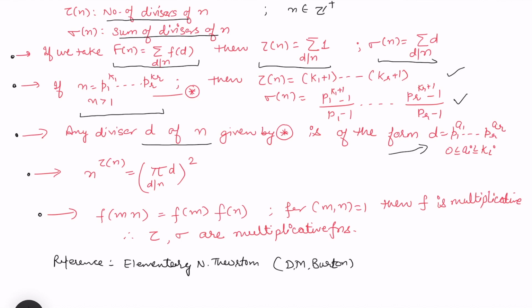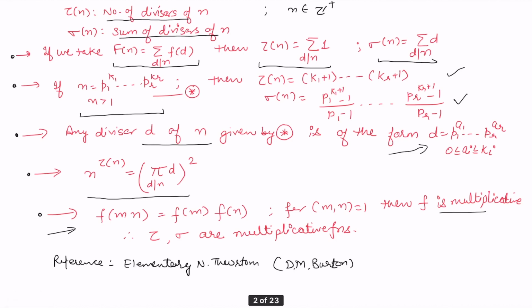The second last result says that n raised to the power tau n is the square of the product of the positive divisors of n. The last result is about multiplicative functions: if f is multiplicative, then f of mn is equal to f of m times f of n.